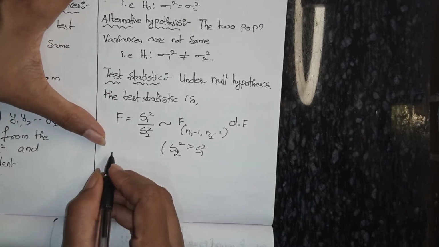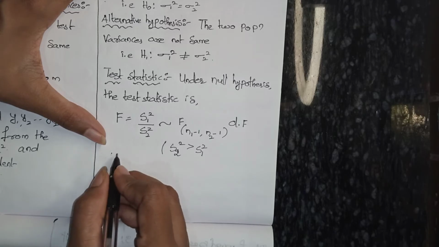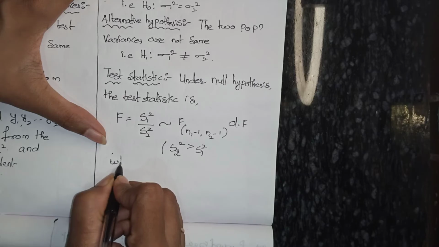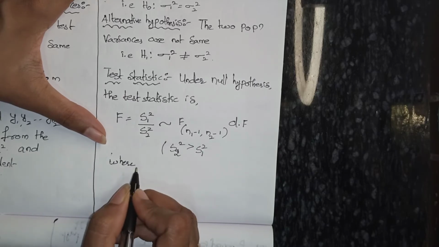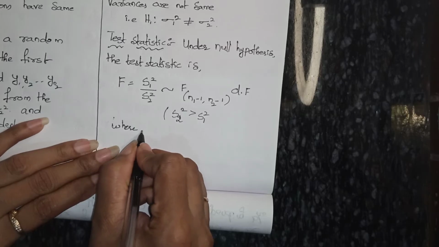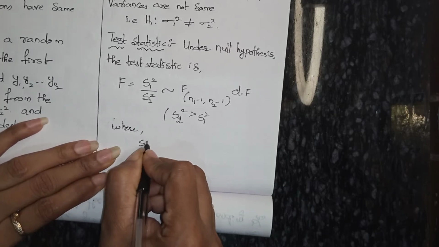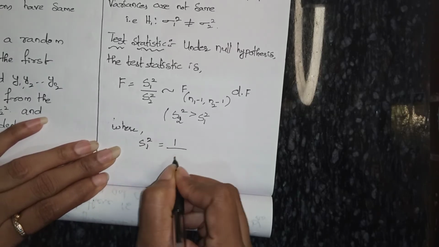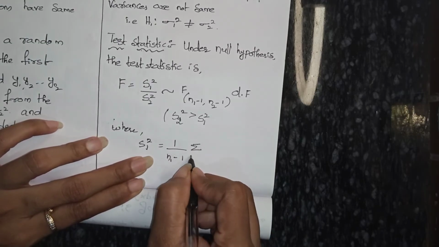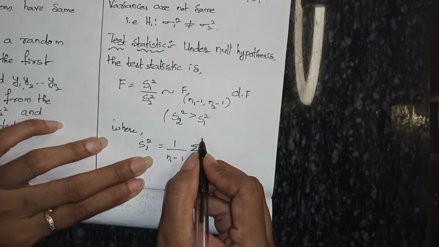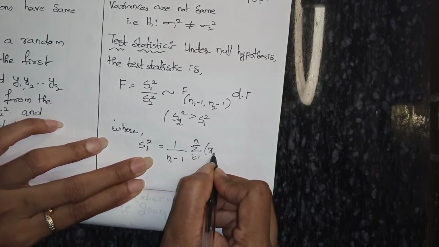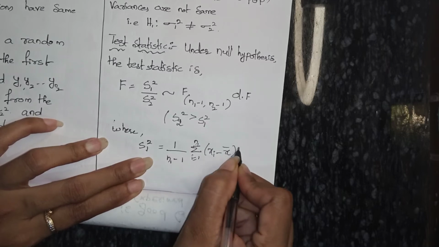Where S1 square equals 1 by n1 minus 1 summation i equals 1 to n1 of xi minus x bar whole square.